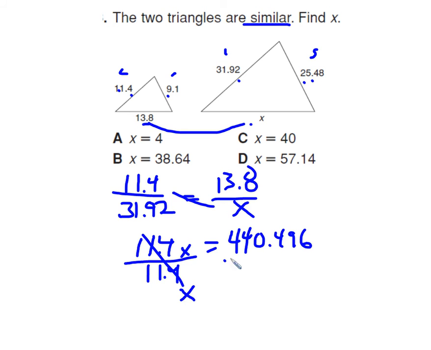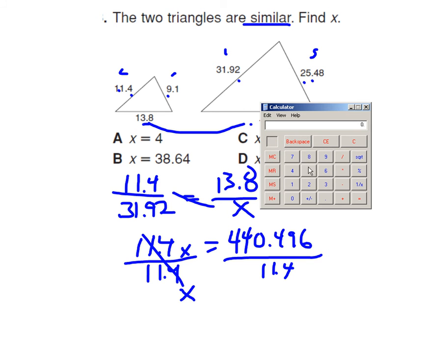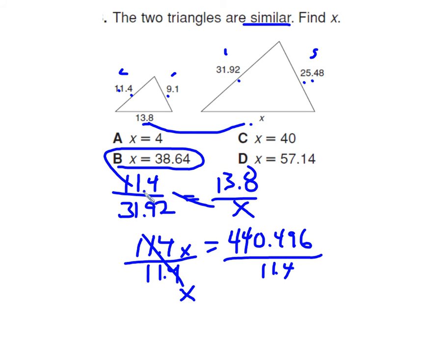I'm going to divide this by 11.4. It's not that big of a deal. So I get 440 and 496 thousandths divided by 11 and 4/10. I get 38 and 64 hundredths. So that would be B right here. So x would be 38 and 64 hundredths.